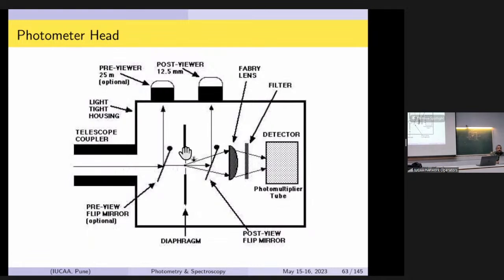Otherwise, you will have the skylight also come. This one we will not discuss right now, but the Fabry lens advantage is it averages out the fluctuations. And then there is a filter. Today we'll talk about the B and V filters we mentioned yesterday. And here it is written photomultiplier tube, but nowadays a photodiode is used, they are much faster.